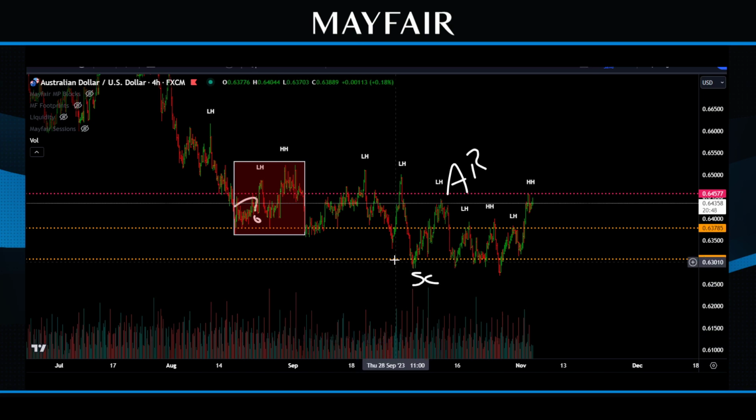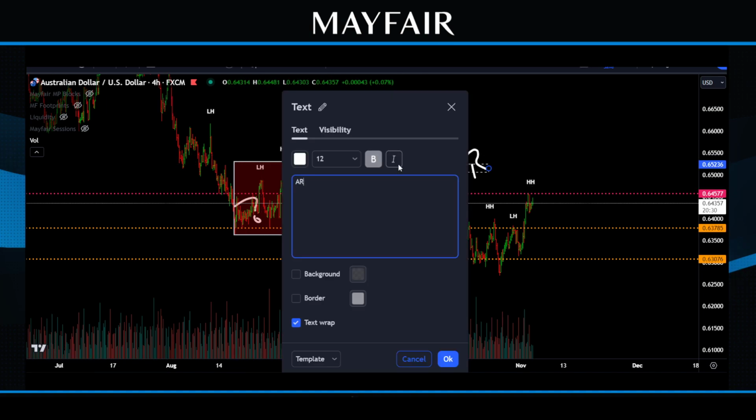Although you've got the volume here, you've actually got a bigger cluster of volume there, right? So the next question could be, well, what if I was to remove these? I personally would prefer this as an AR move, right?